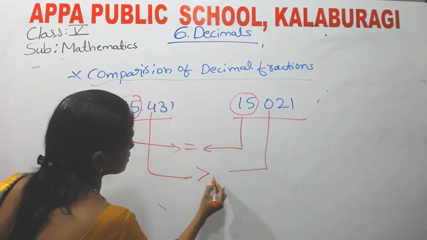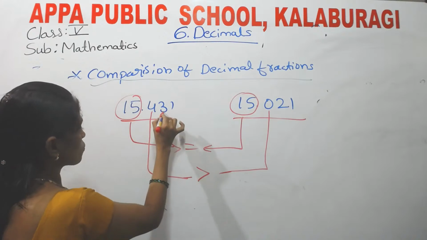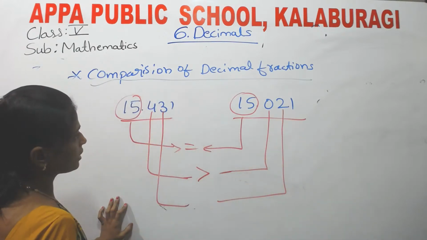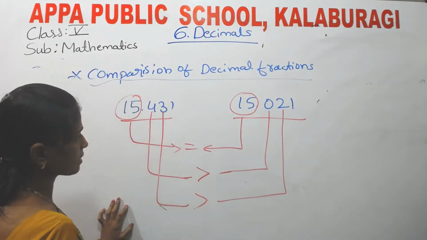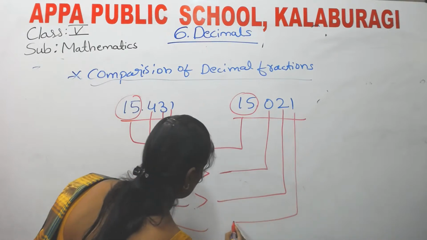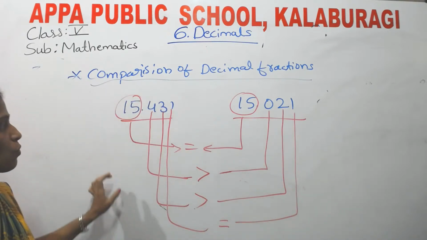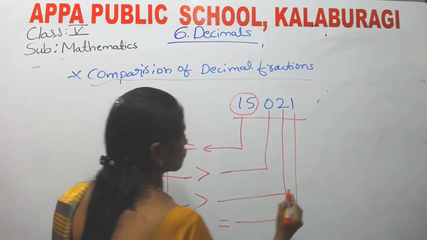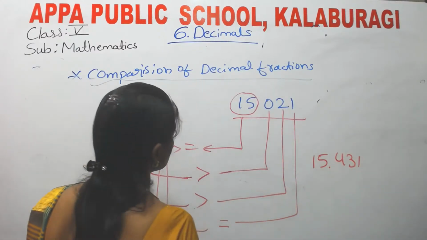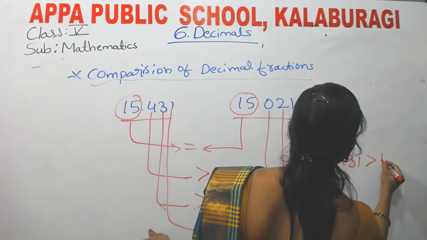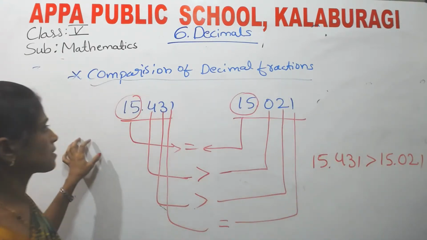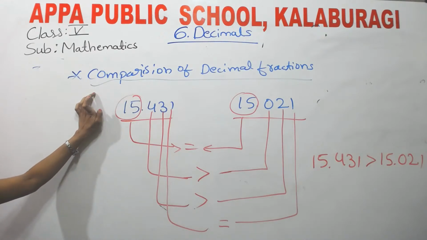Which is greater? 4 is greater. Next, take 2 and 3. Which is greater? 3 is greater. Next take 1 and 1. This is equal. Now which one is greater? 15.431 is greater than 15.021. This is a comparison of decimal fractions.